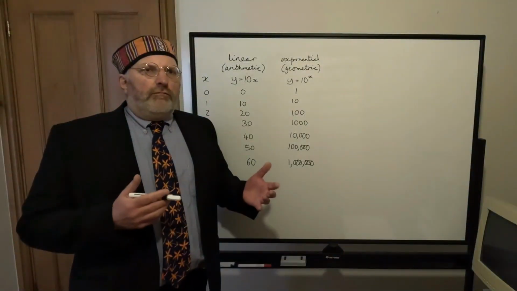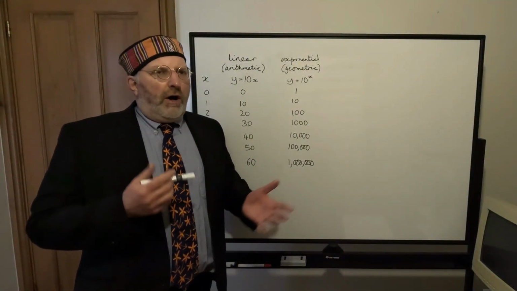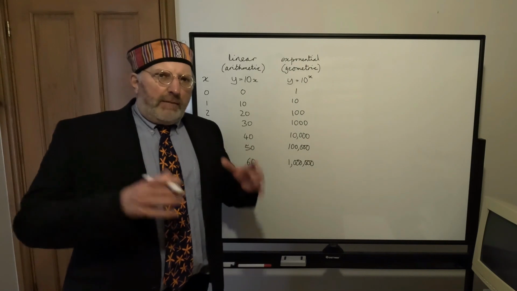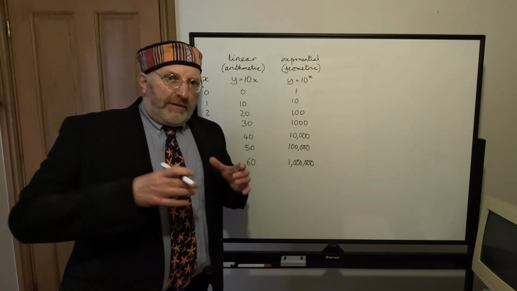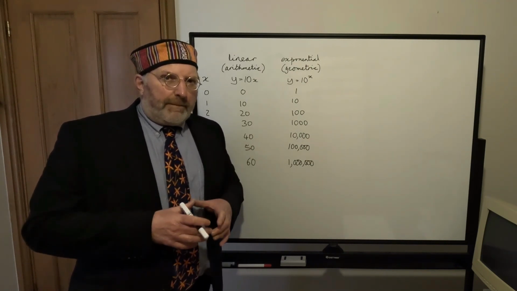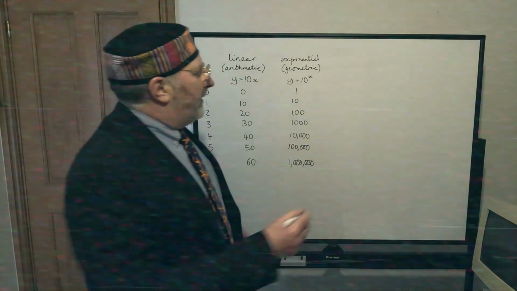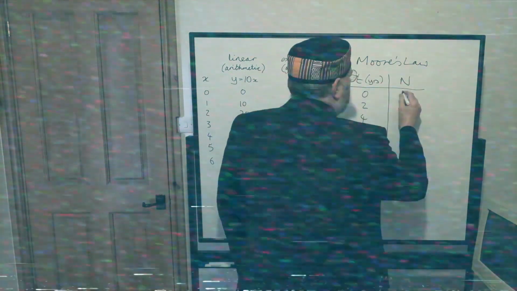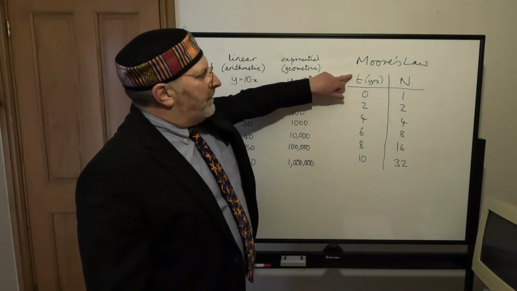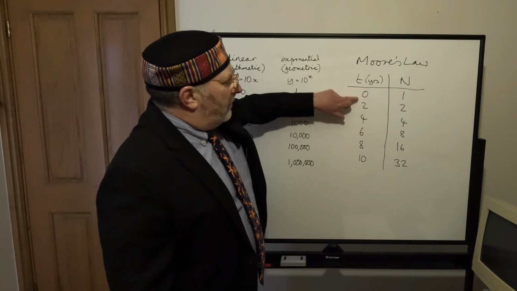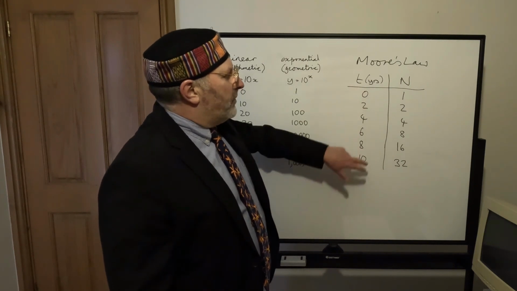And an example of that in real life is Moore's law of semiconductors, which says that the number of transistors that can be fitted on a computer chip doubles every 2 years. So Moore's law would look like this. Here's the time in years, so 0, 2, 4, 6, 8, 10, every 2 years.